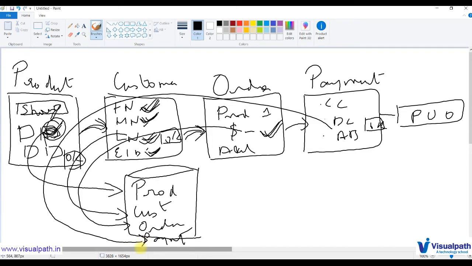This is how I store or save the data related to the transaction I just did.